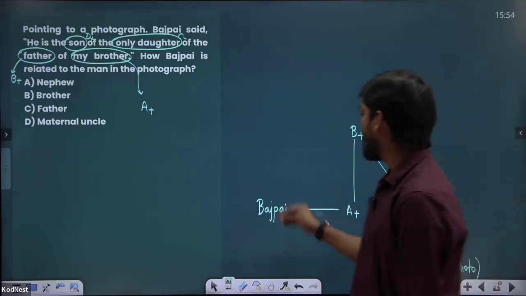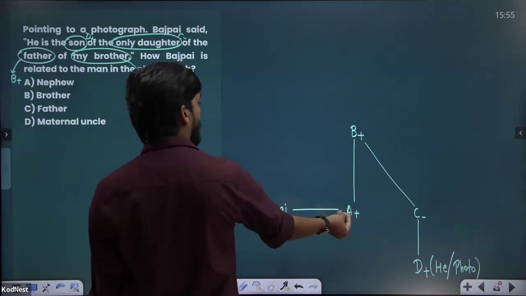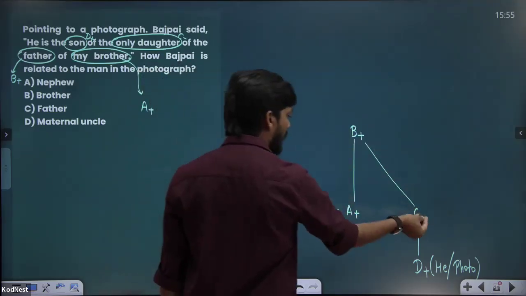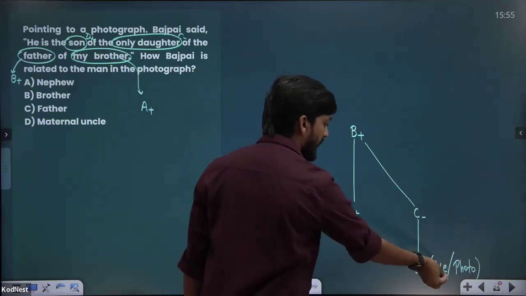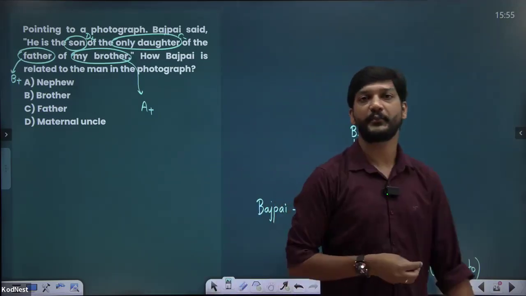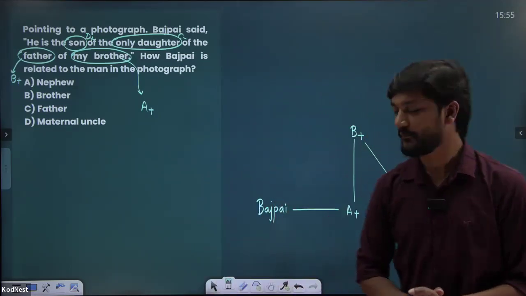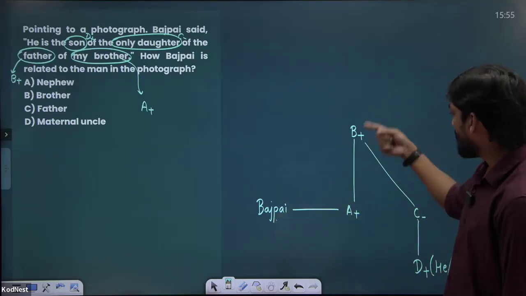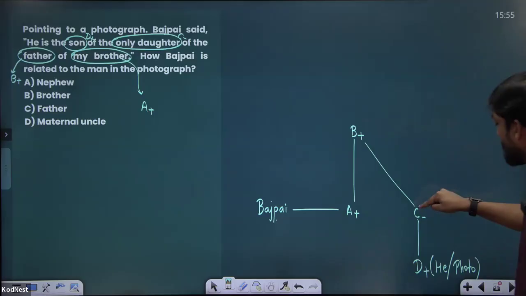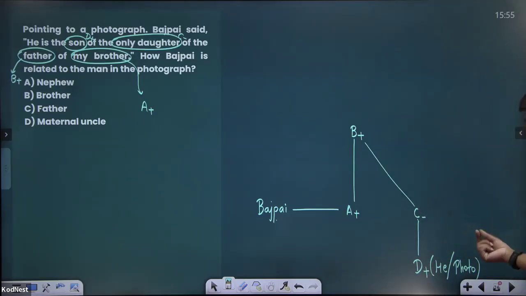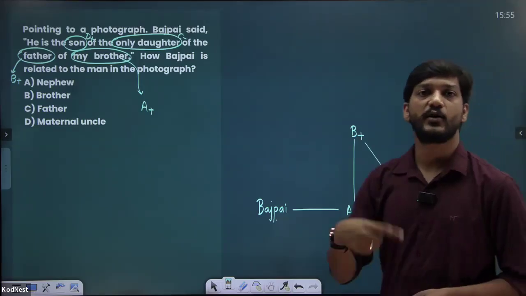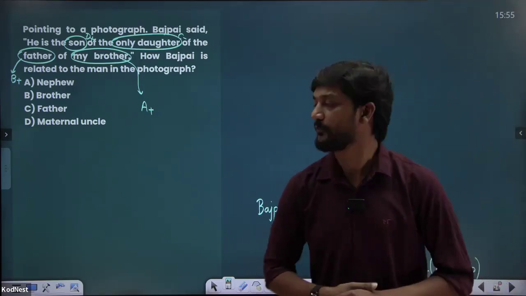Carefully see. My brother, father, only daughter, son is he, which is in the photograph. This is how you have to read it and how you will read the diagram.